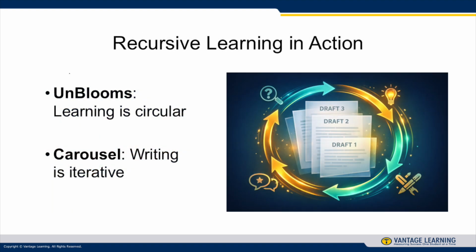Both frameworks share a critical belief. Learning is not linear. Students do not move from step 1 to step 5 and stop. They revisit, they refine, they revise, they reevaluate. Recursive learning means students cycle back with deeper insight.